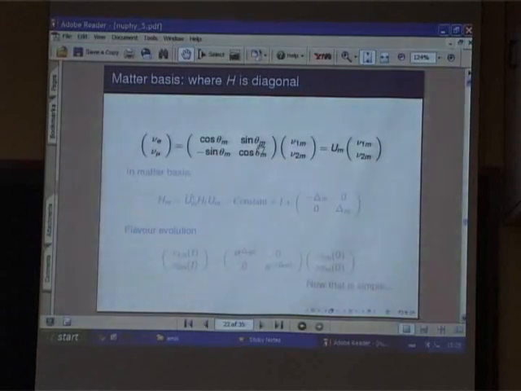The exact analog of the mixing angle in vacuum, which was theta, is now the mixing angle in matter, known as theta m. So all that has happened is that instead of talking in terms of nu1 and nu2, I will talk in terms of nu1m and nu2m. This matrix is then called Um, or you can call it U of theta m. People use different notations.